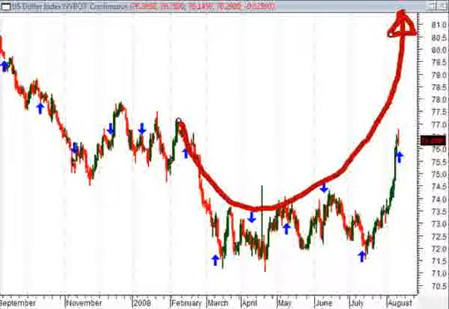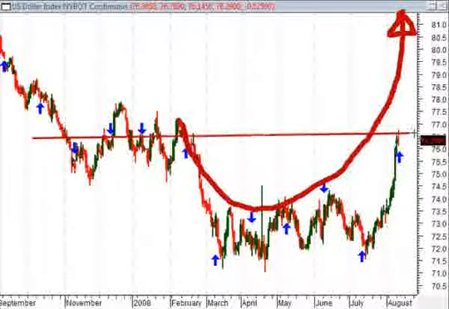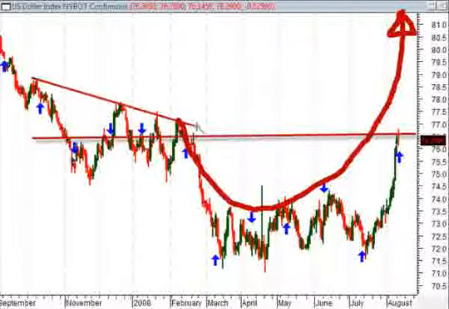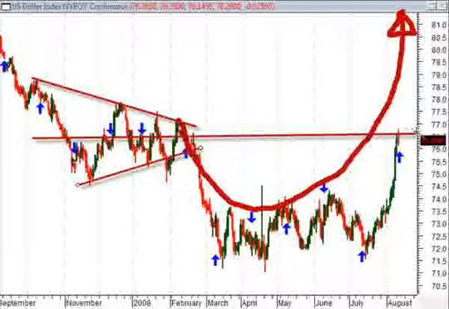But the real takeaway here is that although the U.S. dollar is at a resistance level, I'm just going to draw a line kind of bisecting that consolidation that occurred at the end of last year and into the beginning of this year. So if we draw a line right through the middle of that, or right through the apex of that consolidation, we're pretty much where we are right now.